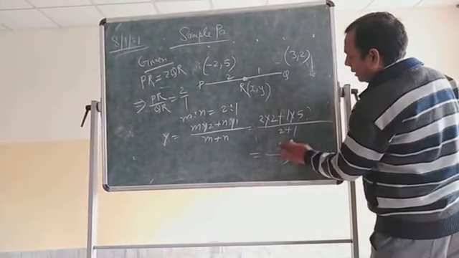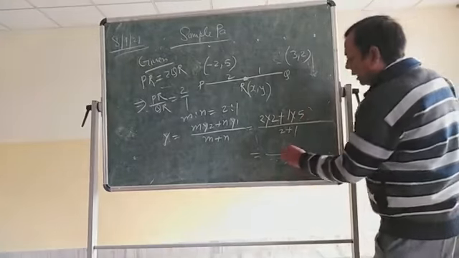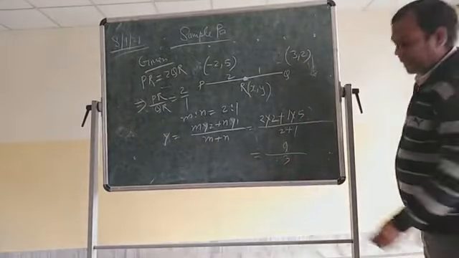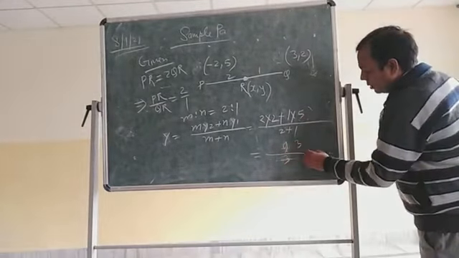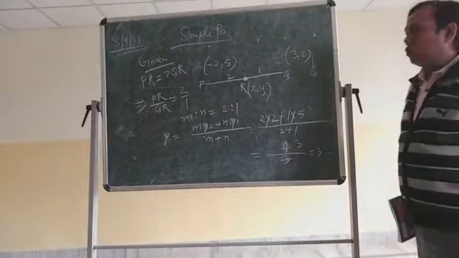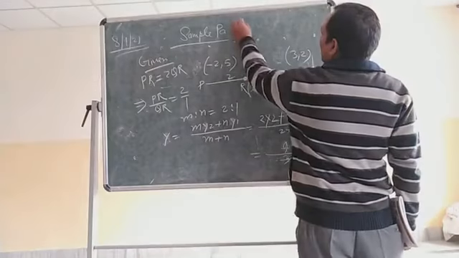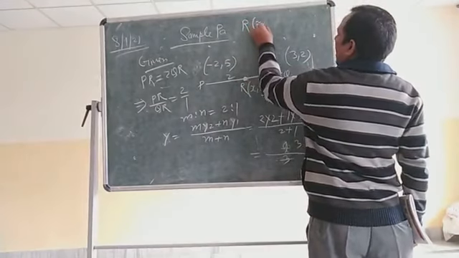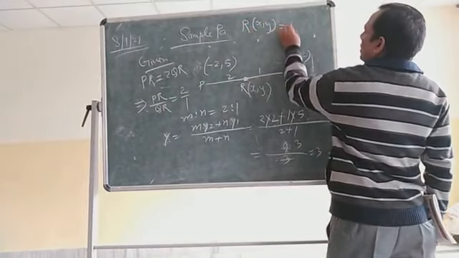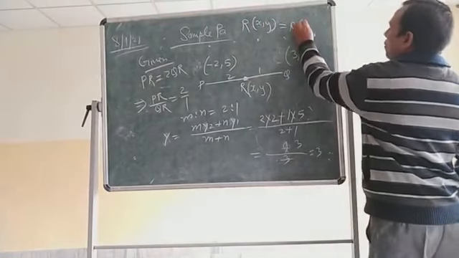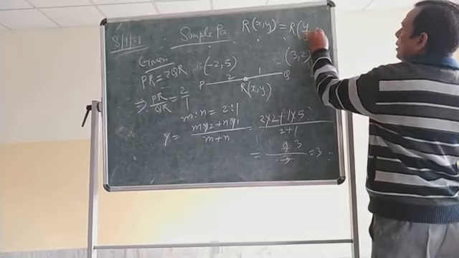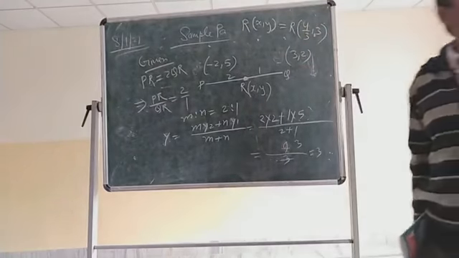So what are you getting? 2 2s are 4 plus 5, 9. 9 by 3, and 3 3s are 9. So this is 3. So your required point R, x comma y, is what? R is 4 by 3 comma 3. Got it? Understanding everyone clearly?